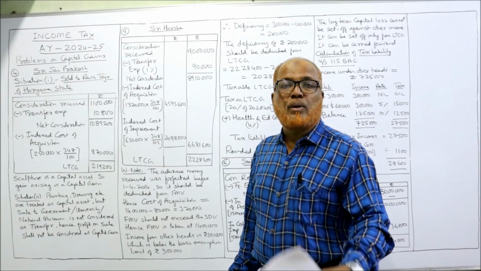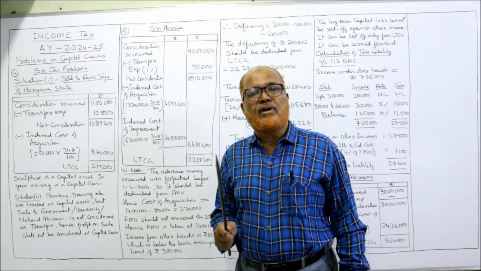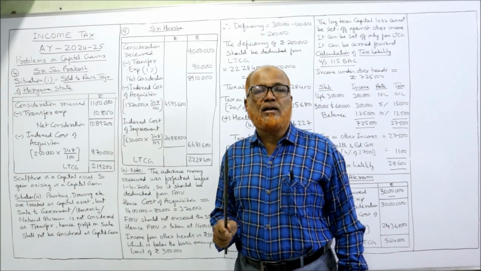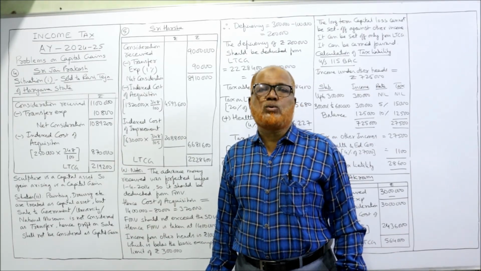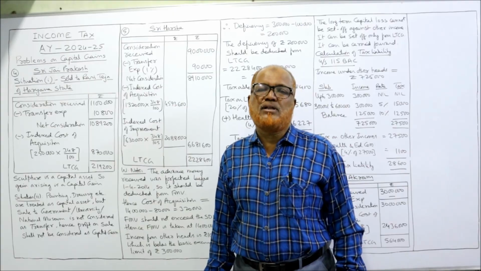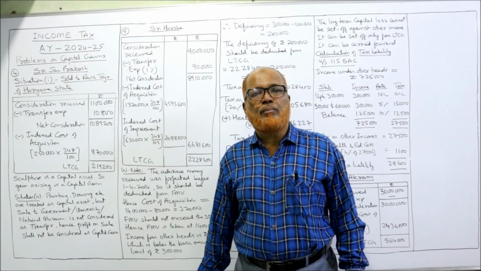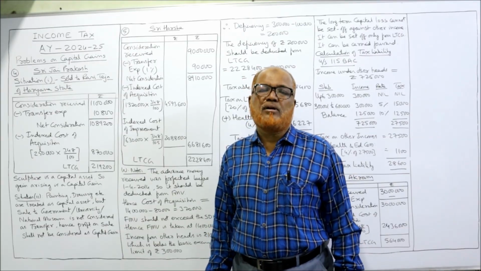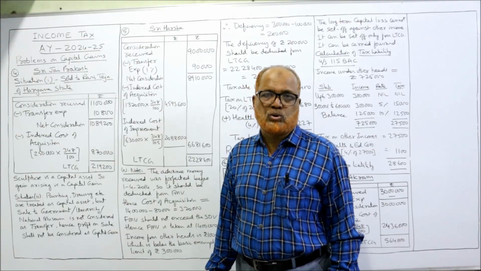It is not given in the problem, but you must remember that the index number started from 2001-2002, and 100 is the index number at that time. For the current previous year 23-24, the index number is 348. Even if it is not given, you must remember these 2 index numbers.